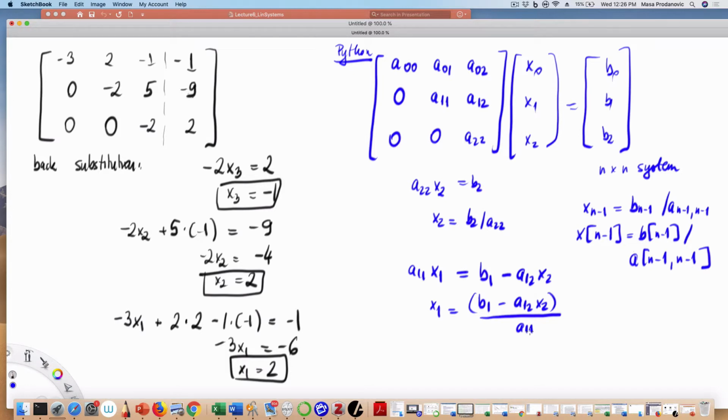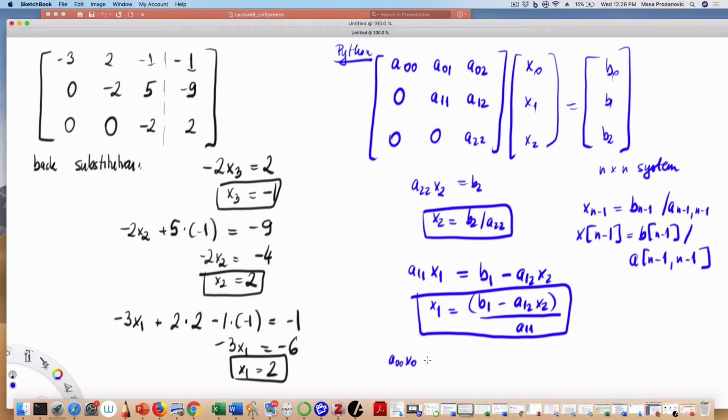And then my A00, so my first, so this is my x1, right? And my A00x0 is equal to B0 minus A01x1 minus A02x2.